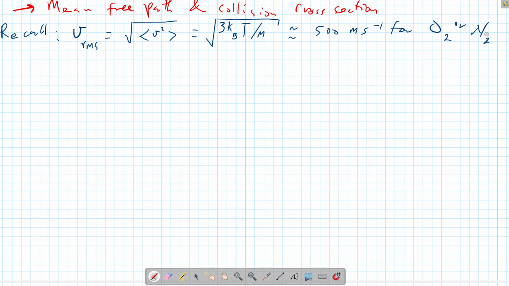And instead of oxygen or nitrogen, one can consider, let's say, the molecules in a perfume.